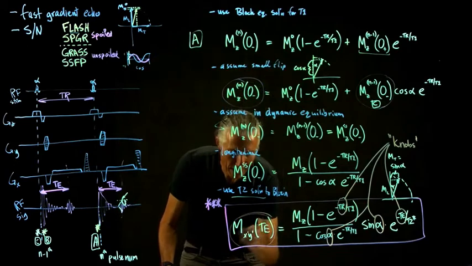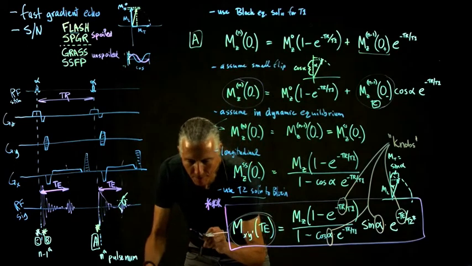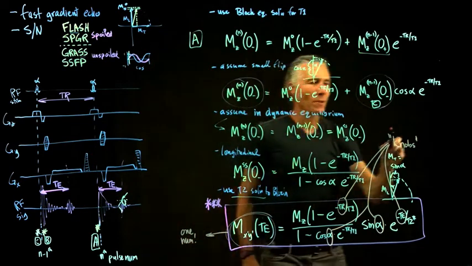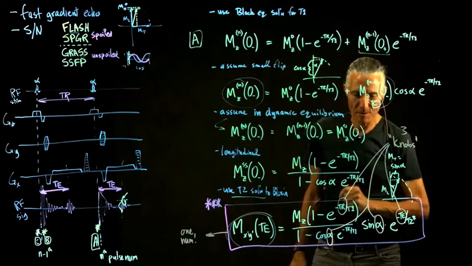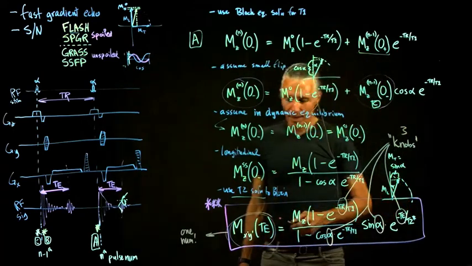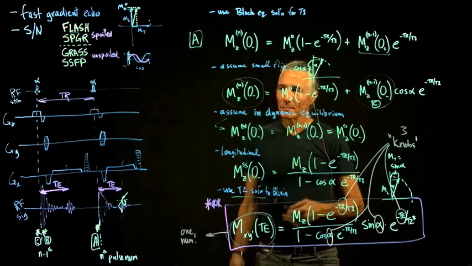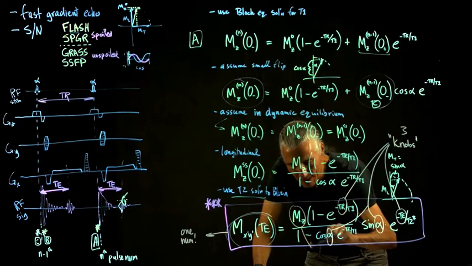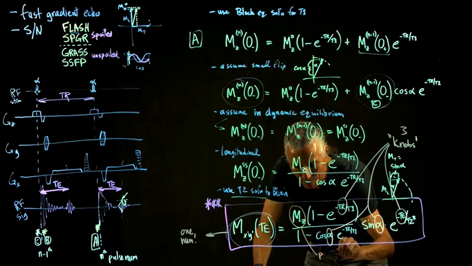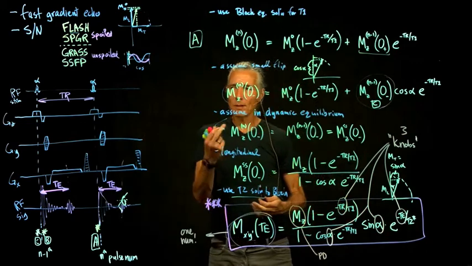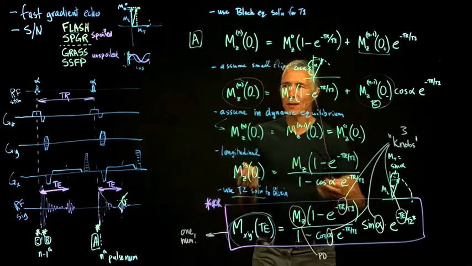What are we actually getting? We're getting one number. So we have 3 knobs on the scanner that we can adjust, and then we've got 3 different properties of the tissue. The properties of the tissue: this is basically the proton density, because the amount of longitudinal magnetization is just proportional to how many spins you have.